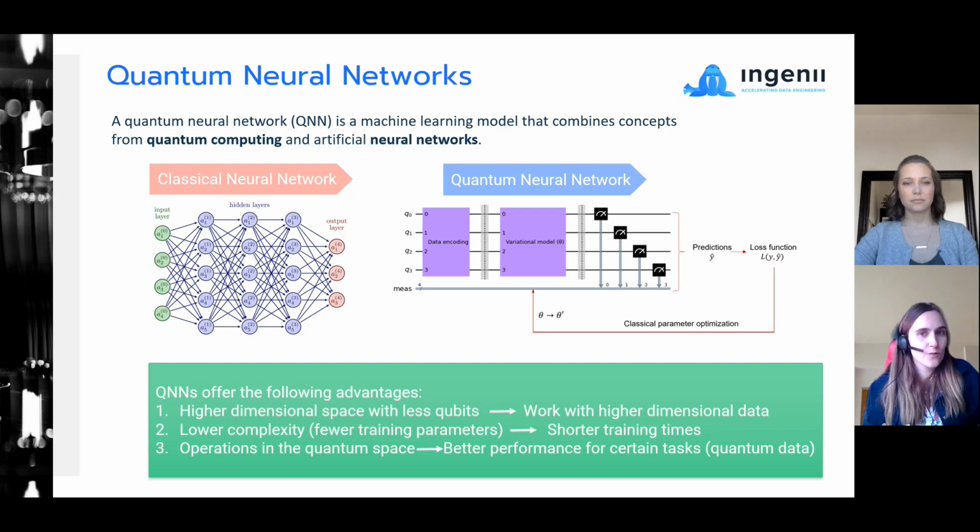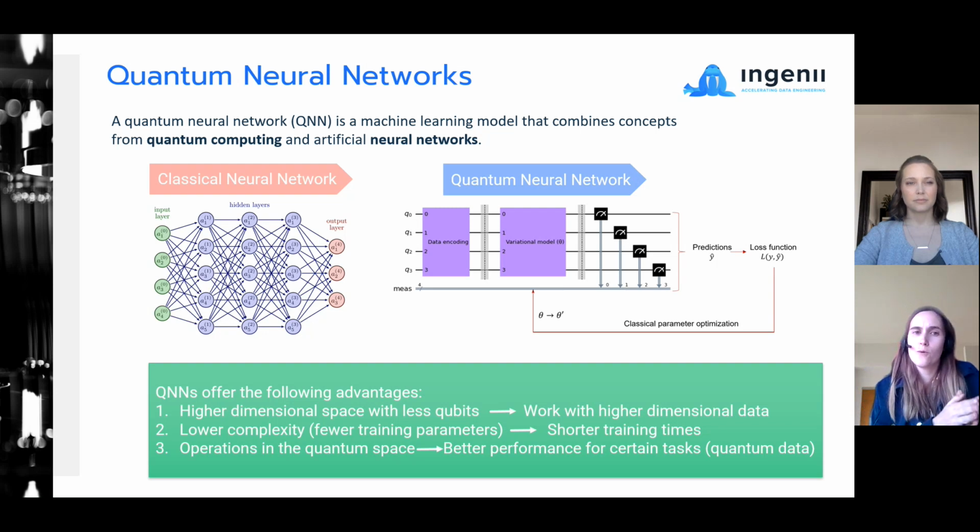Now that we know what quantum neural networks are, the next question is, what are the advantages of using quantum neural networks instead of classical neural networks? Well, the first advantage is the high dimensional space where the qubits live. This means that if you have n qubits, you can encode data of size 2 to the power of n at most.